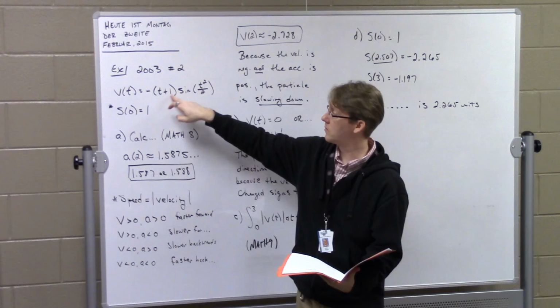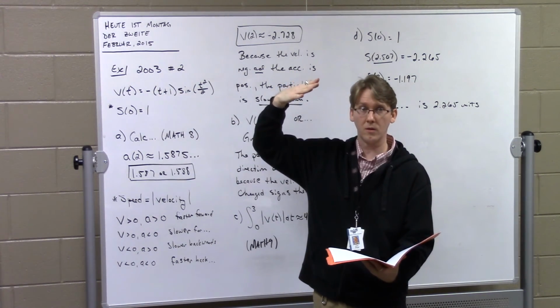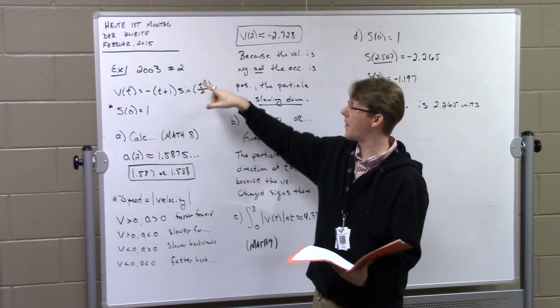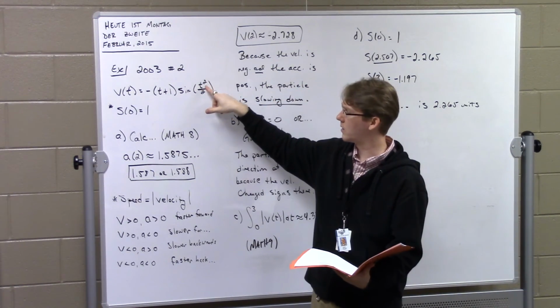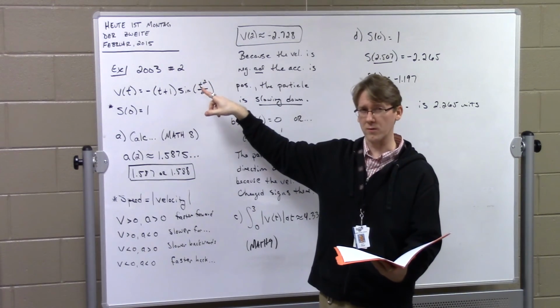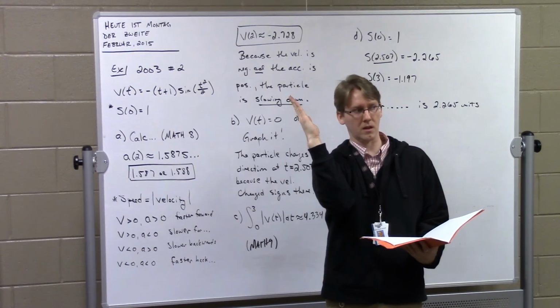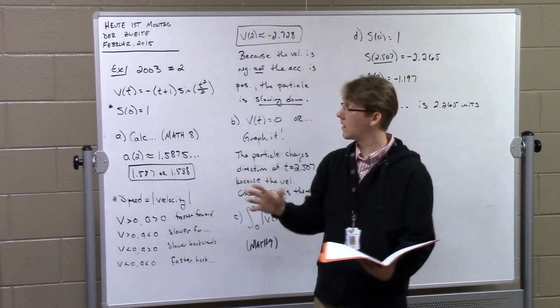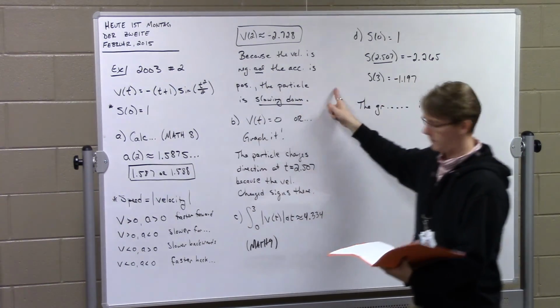If you plug in 2, 2 squared is 4, 4 divided by 2 is 2, sine of 2 is somewhere in the second quadrant, it's radians, so it's right there. You could have said that's going to be negative. So 1 point, 1 point.